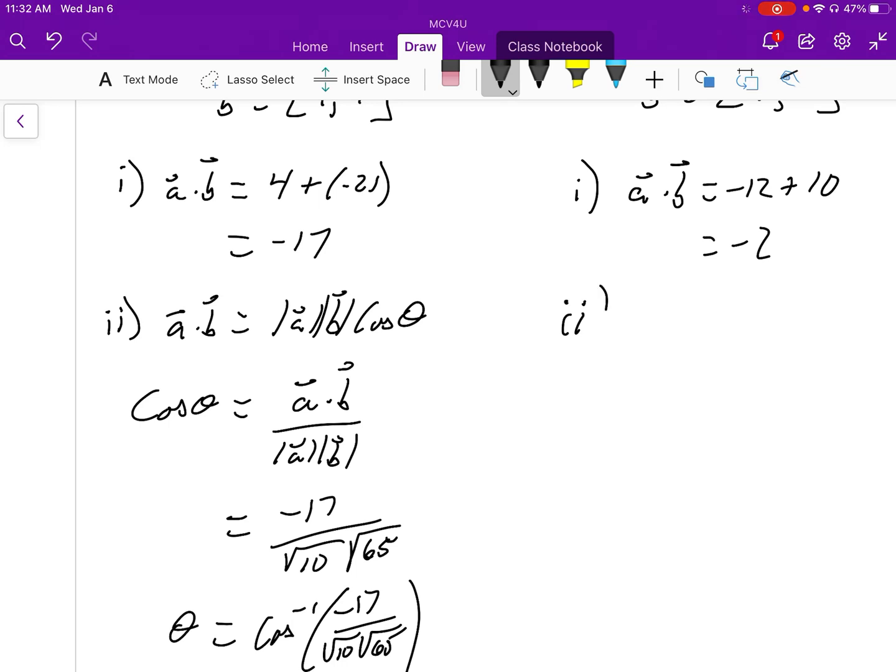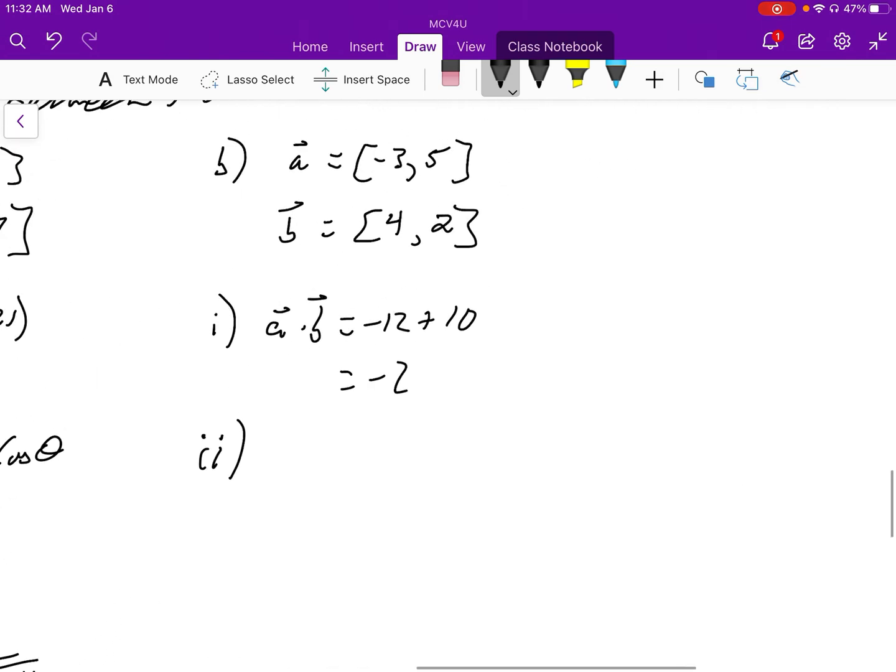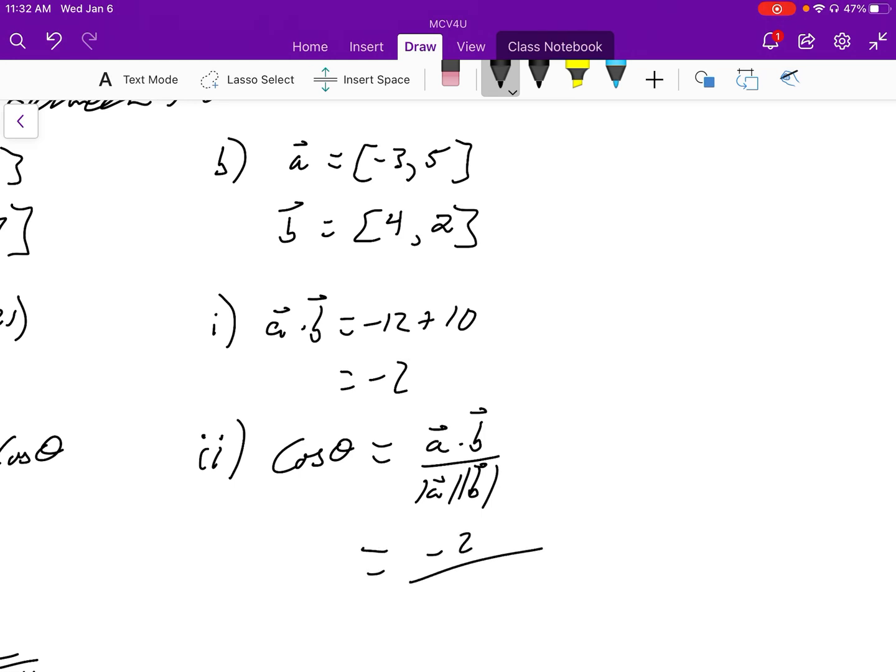Let's do it again. Make sure we understand it. Okay, where it comes from here, we've got the dot product, or we know we can use the cos theta. We're trying to find the angle. We know when we rearrange the dot product, magnitude of A times magnitude of B underneath here. We already have the dot product of negative 2.